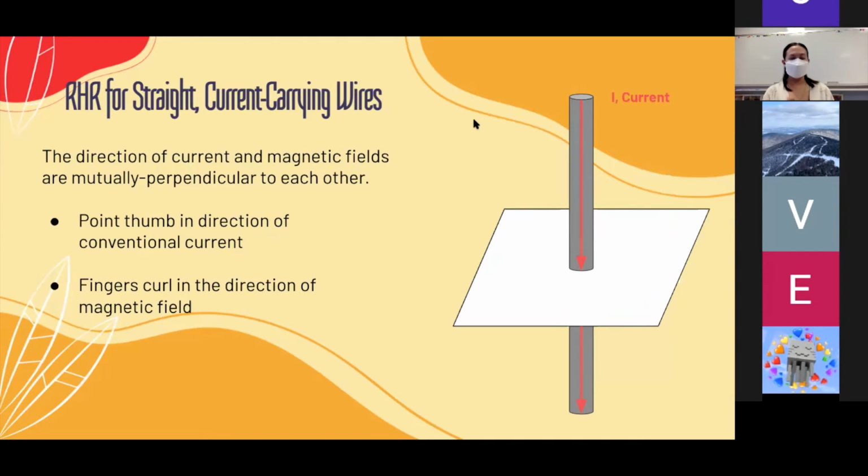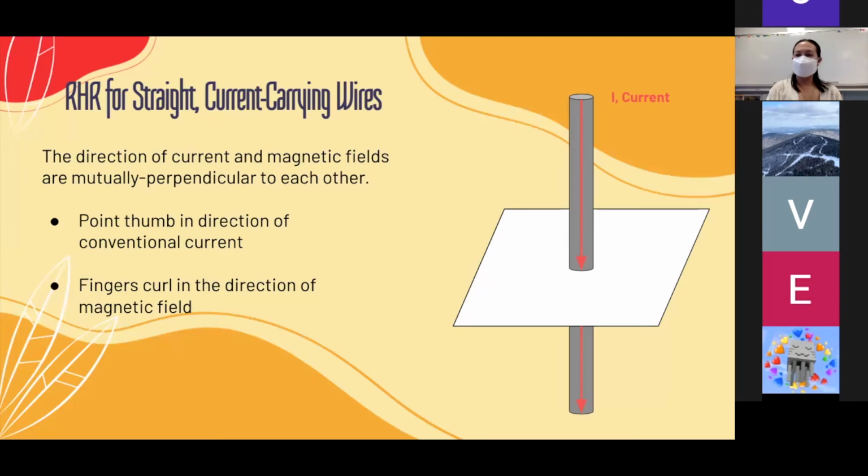So let us grab our object that we're going to do right hand rule with. Current is pointed down. So I'm going to turn my hand upside down. Conventional current points down. And if I look at my fingers, I see that they're going in the clockwise direction.